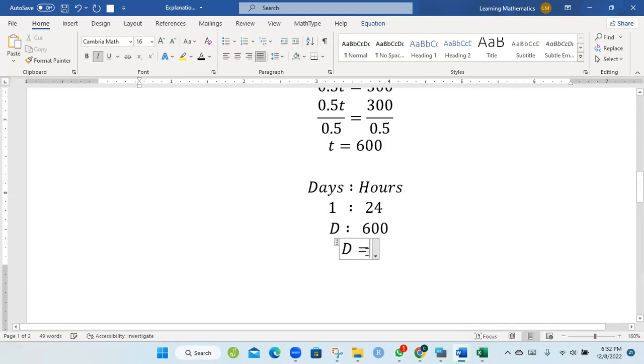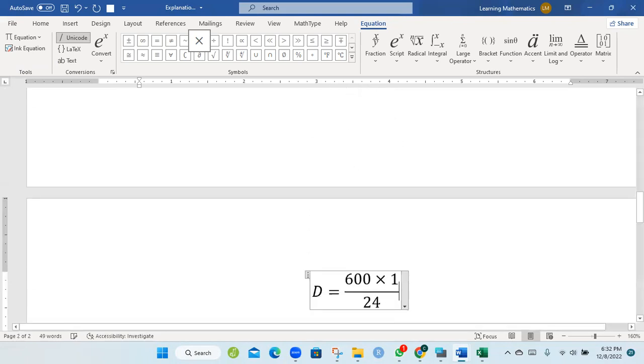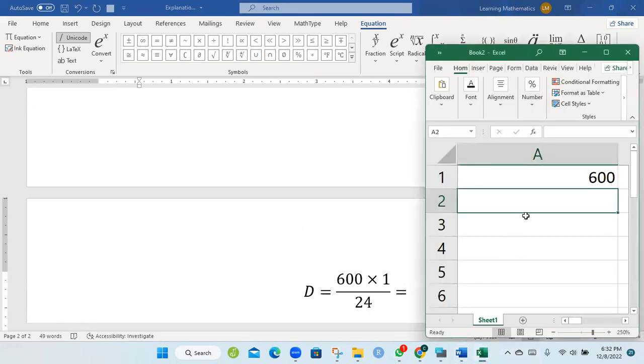So days is equal to 600 times 1 divided by 24. So that's just like 600 divided by 24. And you can easily do that using Excel as a calculator.